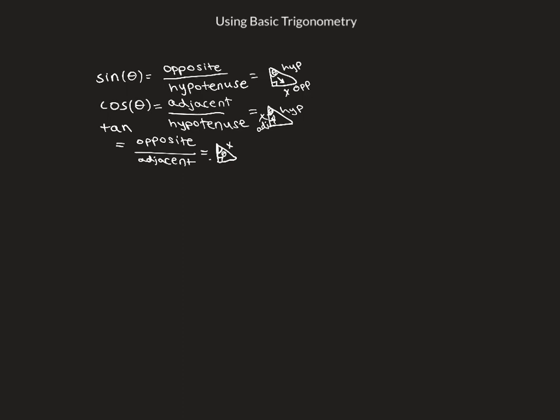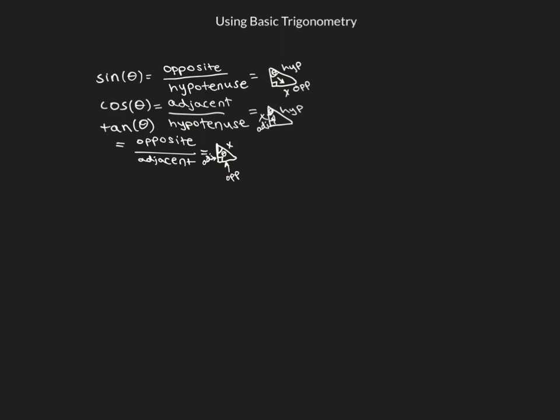So this is the adjacent, and this is the opposite. So when in a situation like that, you would use tan. This is tan of theta. Now, once you've gotten used to this, you can use trigonometry to solve for x.